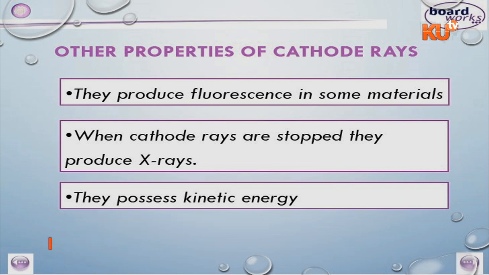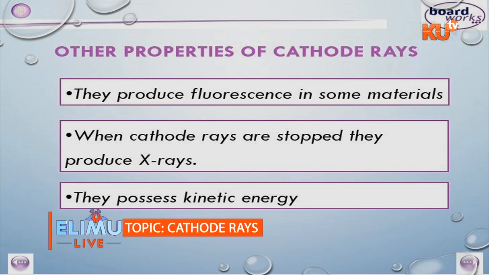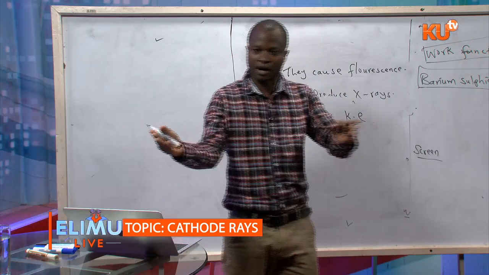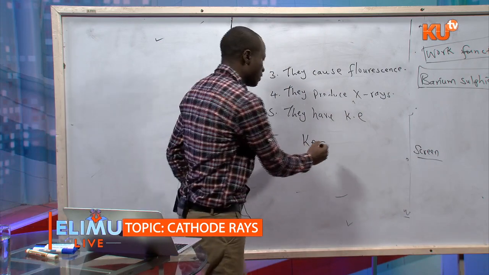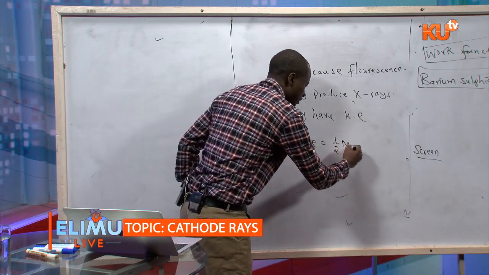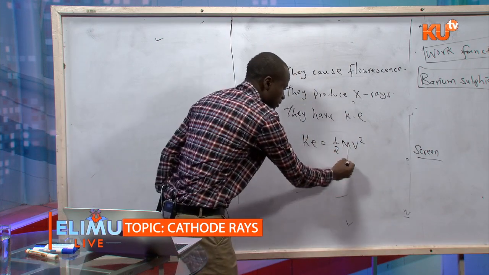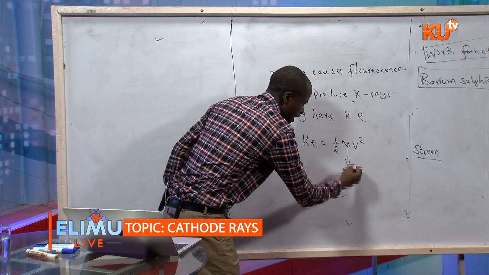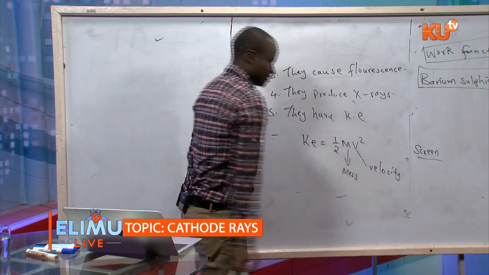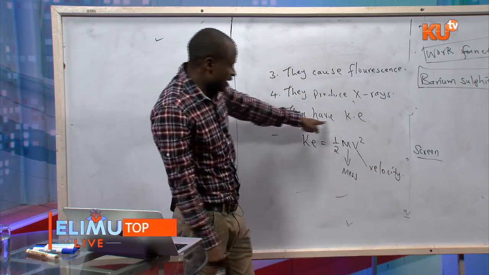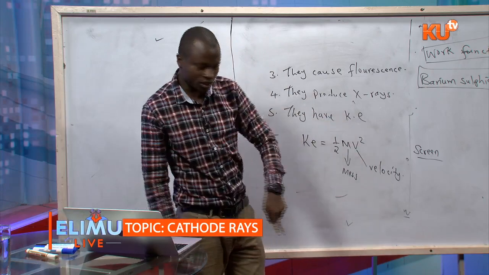If I take you back to Form 3, there's a topic called work, energy, power and machines. And you know, kinetic energy is given by what? A half mv squared, where m is mass and v is velocity. So cathode rays possess kinetic energy, one, because they have velocity.